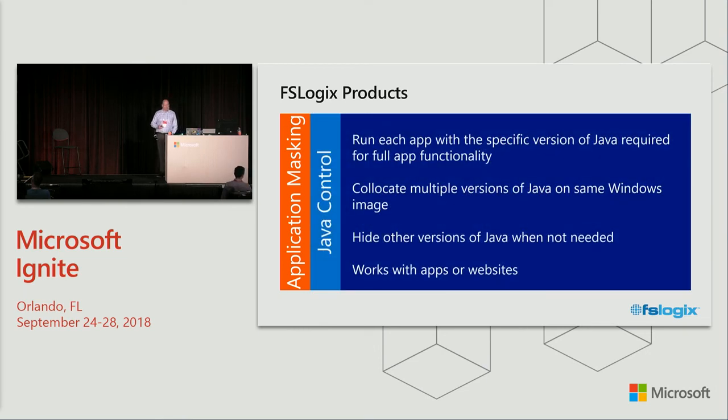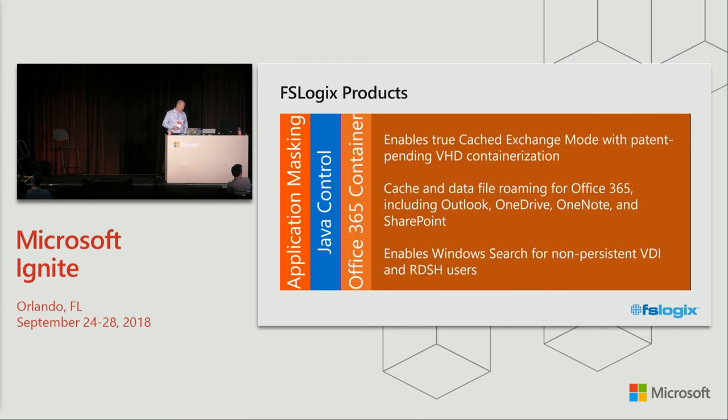We do a similar thing for Java applications and websites. If you've got old applications that require previous versions of Java, you can specify which versions of Java those run with and run all of your other stuff with the latest version of Java. Our hottest product right now is our Office 365 container.